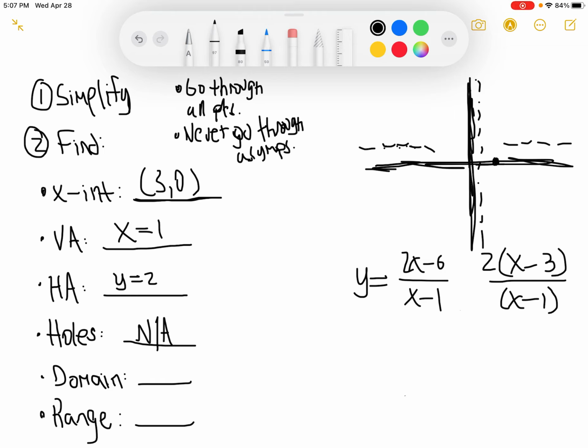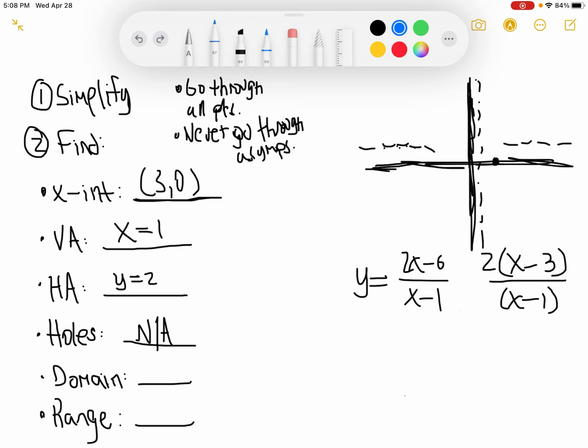Okay, so that's kind of messy, but I said that it needs to be above the x-axis, but in this case, that contradicts that rule, because we see it needs to go through all points, and that one is on the x-axis.